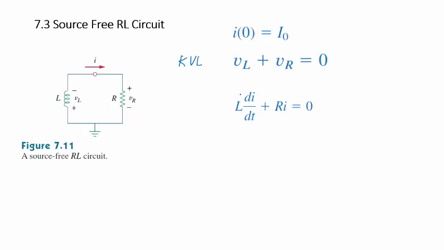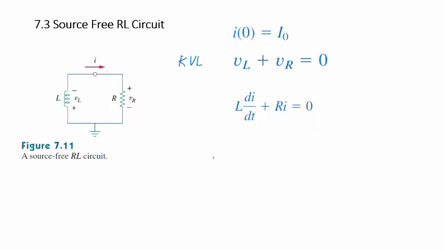Remember, both the capacitor and the inductor have differential equations to describe their behavior as well as integral equations that describe their behavior. But it's nicer to work with the differential equation. So we substitute for VL, we get L di dt. For V in the resistor it's Ri, and again we get a nice first order differential equation.